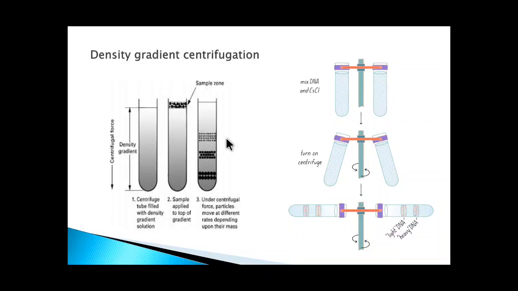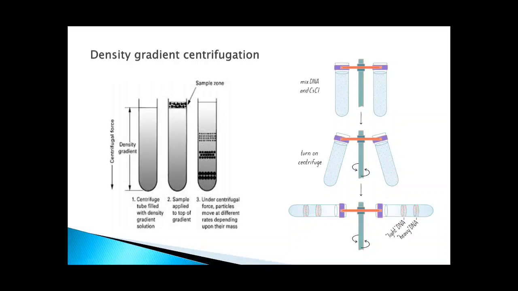Here you can see that each particle will sediment only up to the position in the centrifuge tube at which the gradient density is equal to its own density. So here first the DNA is mixed with cesium chloride, then it is centrifuged at a very high speed for many hours. As the tube spins, the opposing forces of sedimentation and diffusion produce a stable gradient of cesium chloride with the lightest density at the top and the heaviest at the bottom.